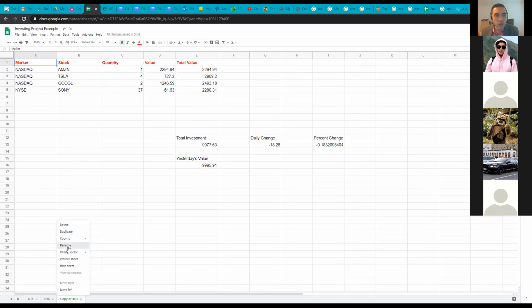So I'm gonna rename that 416 in order to keep track of what we're doing today in our spreadsheet. The first thing that we have to do before we buy or sell anything is update our current stock value for the day. Of course, if you were doing this with an investment app, all of this is automatic. But nonetheless, go ahead, take a few minutes, look up their current value, and figure out how much money you lost or gained.